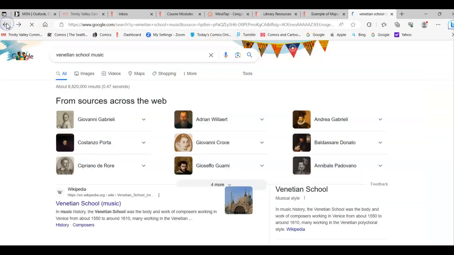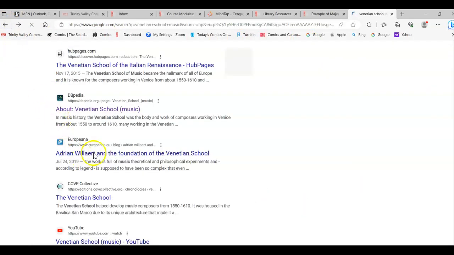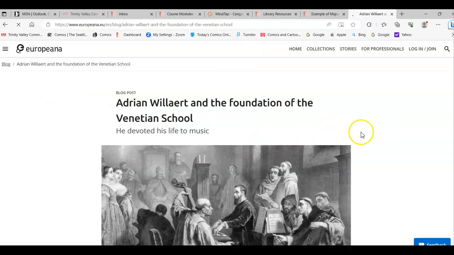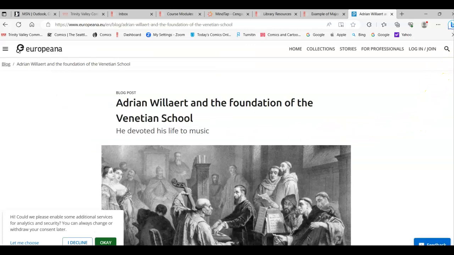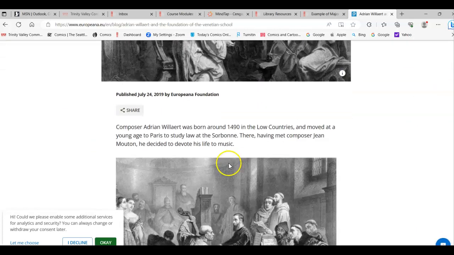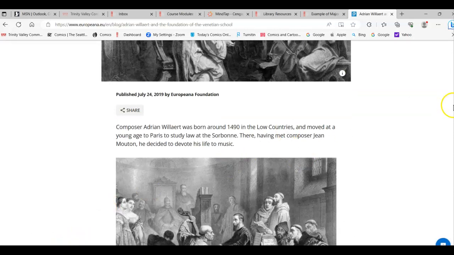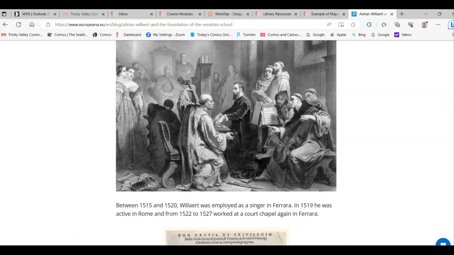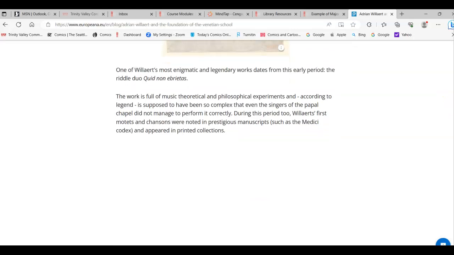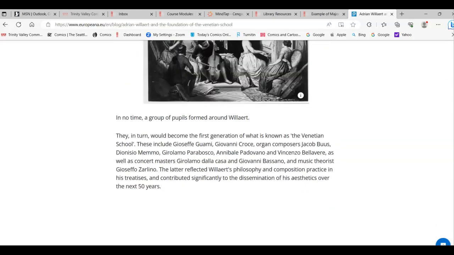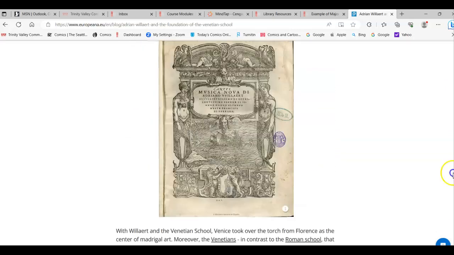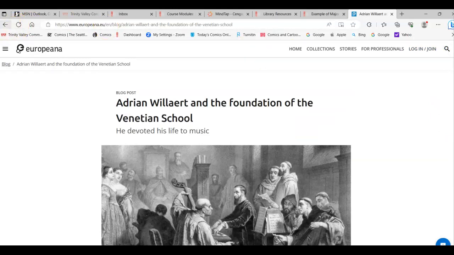There's this other one that was offered here. This is an interesting aspect too about Vollert and his influence. You'll see his influence and his work with the School of Music in Venice, and they give you quite a bit of detail here. That's useful.